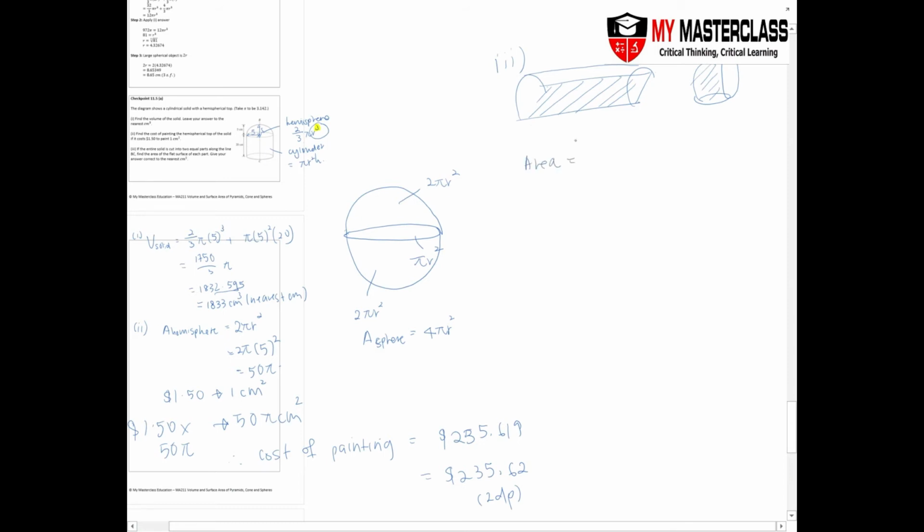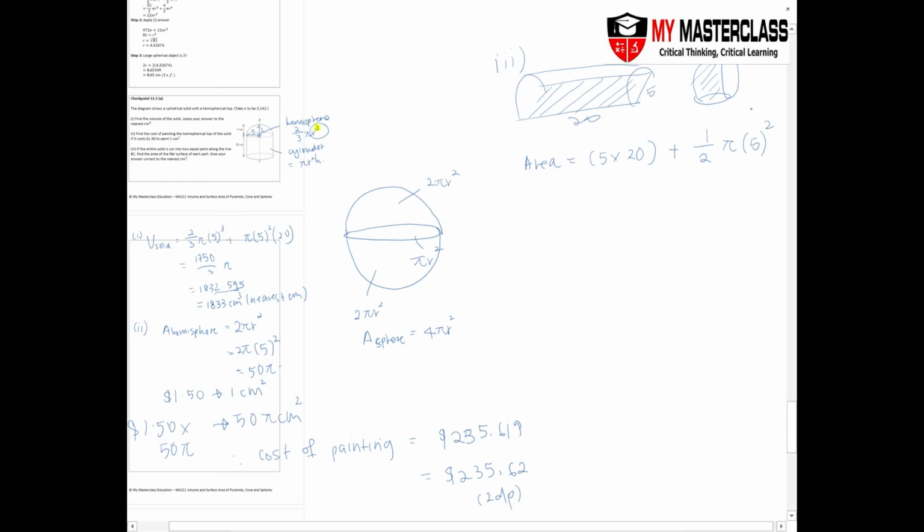So in part 3, you're looking at the area, which is in this case 5 times 20, because 5 is this part and this is 20. Can you see the rectangle? Then you plus half times pi 5 square. Why? Because you're looking at half pi r square. So why do I say half pi r square?